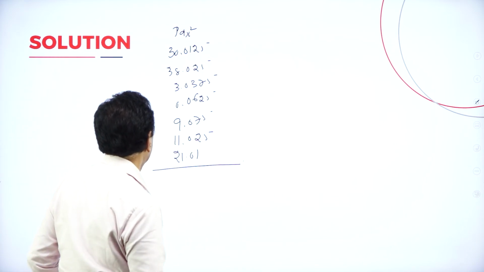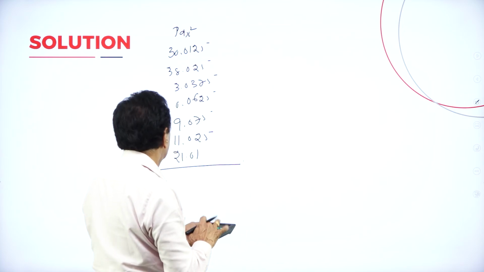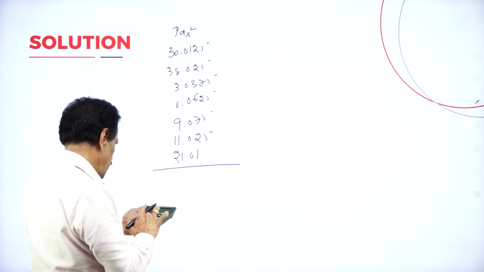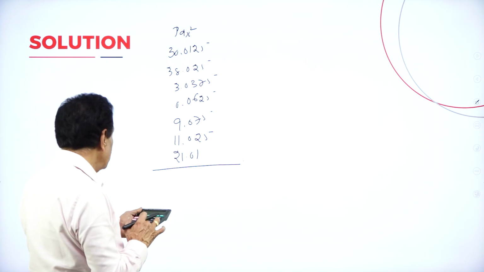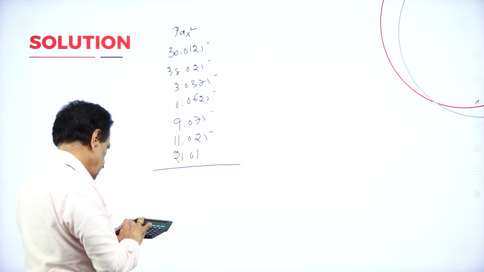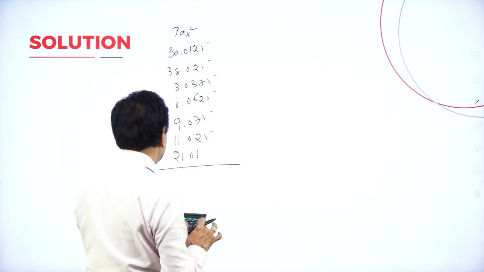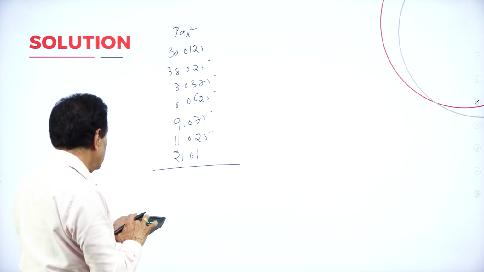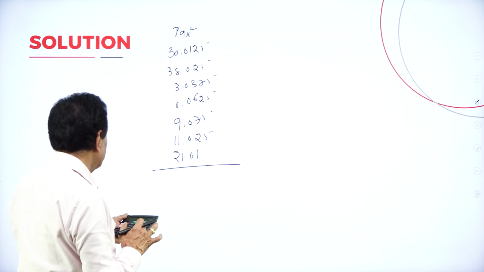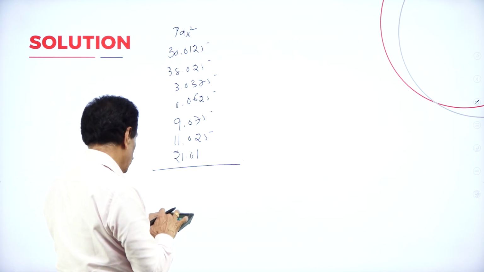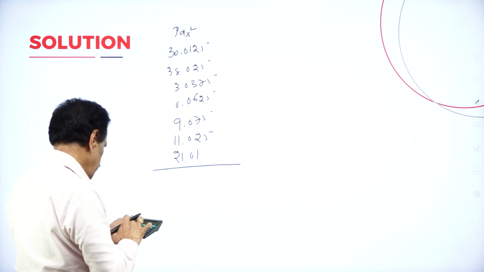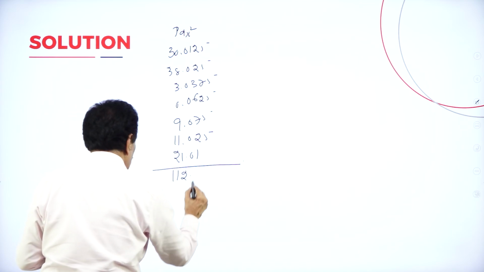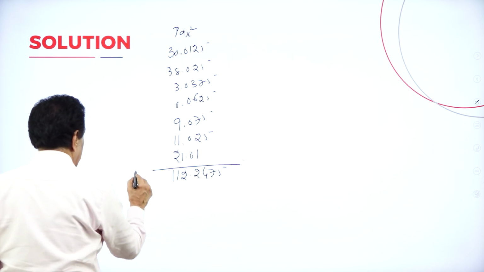Add the figures: 30.0125 plus 38.025 plus 3.0375 plus 0.0625 plus 9.075 plus 11.025 plus 21.01 is 112.2475, sigma P dx square.